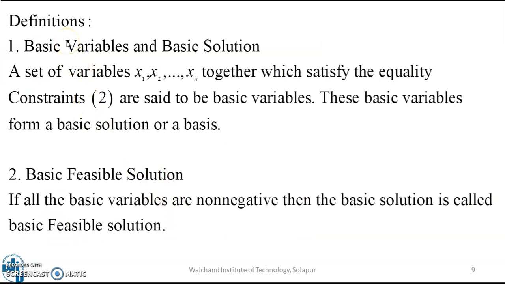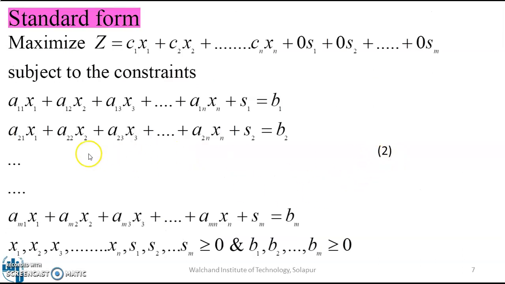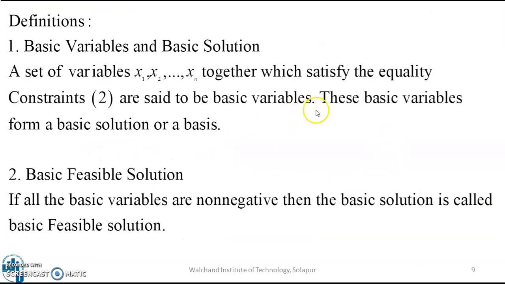Now next are the definitions of basic variables and basic solution. So what is a basic variable and a basic solution? A set of n variables x1, x2, up to xn together, which satisfy the equality constraints in the standard form, are called the basic variables, and the set of basic variables is called the basic solution, or simply a basis.